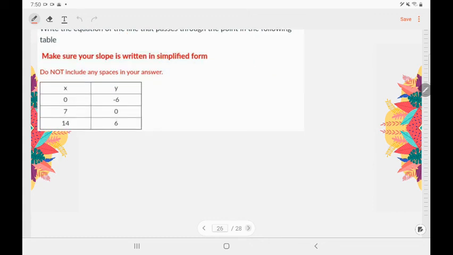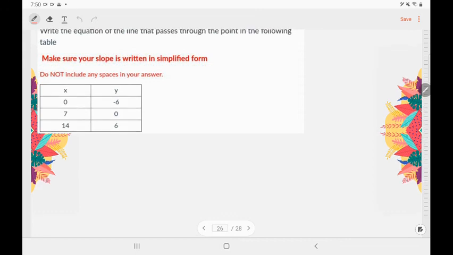All right, last problem. I'm going to write the equation that passes through the points in the following table. So remember, these are just points. This is x and this is y, and they're my first point. So x1 and y1. And this is my second point, and it's in the second row. So this is x2 and y2.